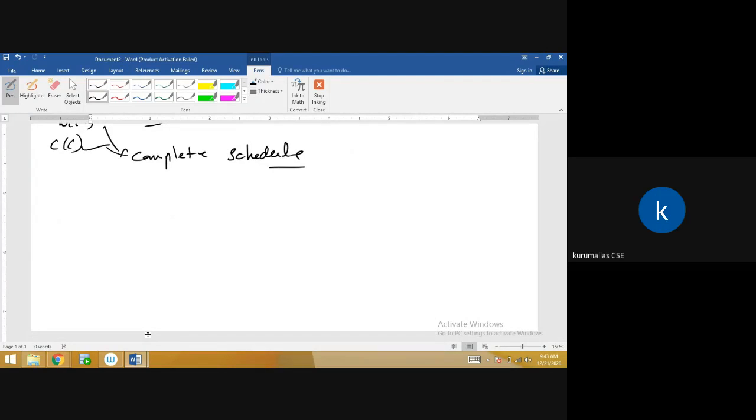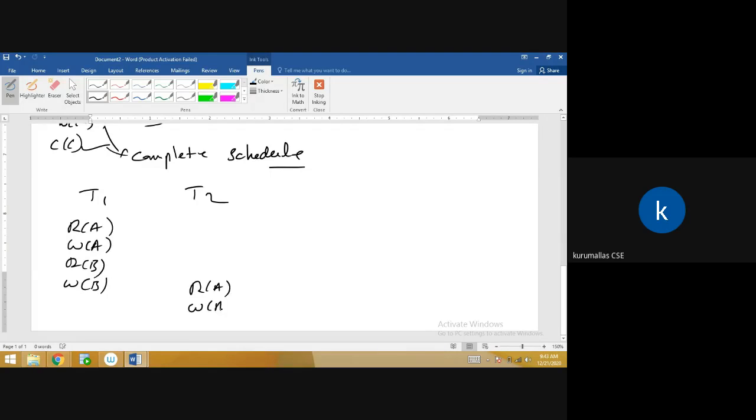We already saw previously that if there are k transactions, we can generate k factorial serial schedules. So for T1 and T2: read of A, write of A, read of B, write of B. After this, read of A, write of A, read of B, and then write of B. This is a serial schedule example.